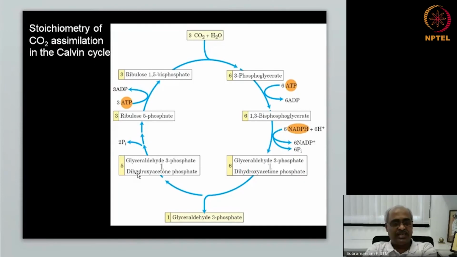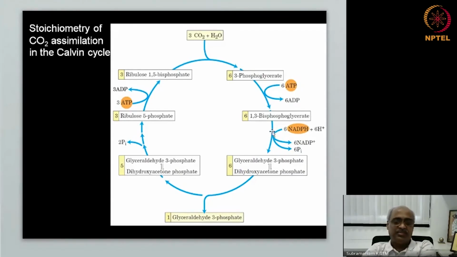So this budget calculation includes the ATPs that are produced or consumed. So here you see the 6 ATPs consumed, and then 6 NADPH, reducing equivalent. These are all equivalent of consuming food. Because we are doing a synthetic reaction. This is anabolic reaction. We are not in catabolism anymore.